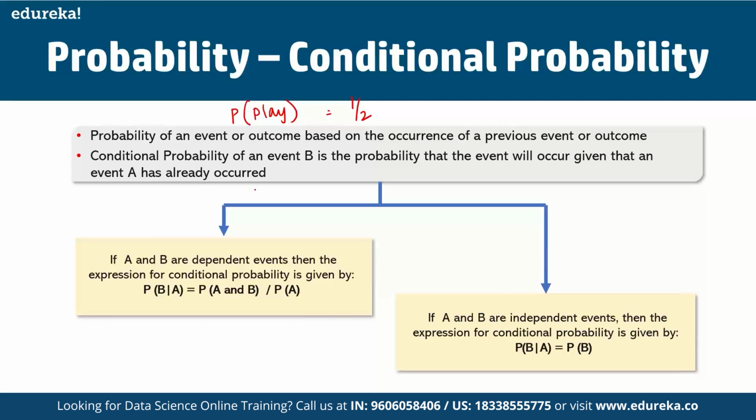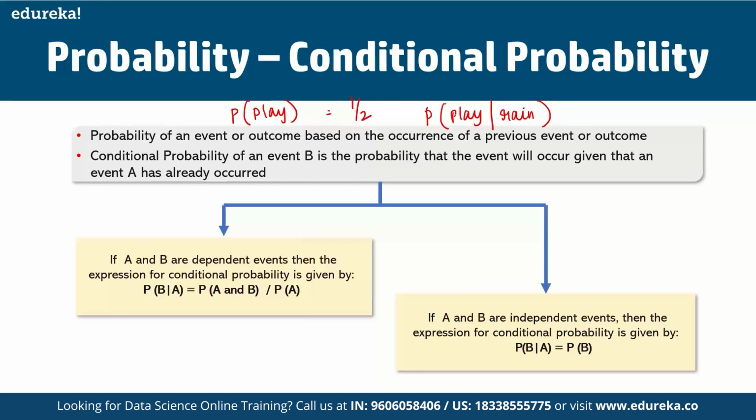In conditional probability, the probability value changes based on a prior event that has happened. We are basically trying to increase the chances of my probability. So I will say P of play, and I have some prior event. I already know something has already happened, right? I'm going to say rain.